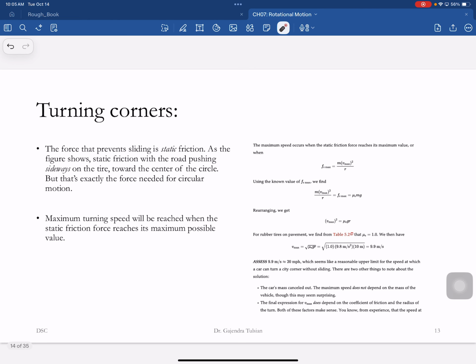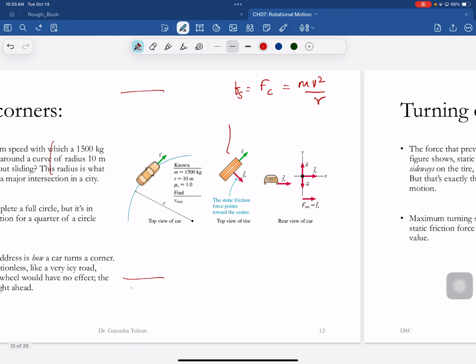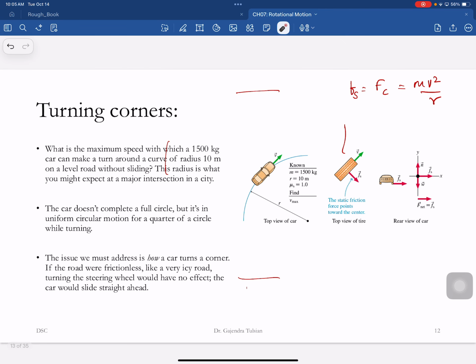And by the way, the maximum static friction force is equal to mu s, the coefficient of stickiness of the tires, times the normal force, and the normal force is equal to your weight. Mu s times mg.